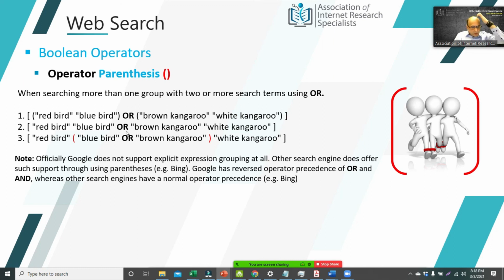So if there are multiple groups that you're going to create, you better use quotation marks and not use parentheses, just so that your search results are accurate and you don't have those preconceived or assumed outcomes, which are mathematically correct, but from the logic perspective and from how Google responds, you will be disappointed. That's all I have to say.